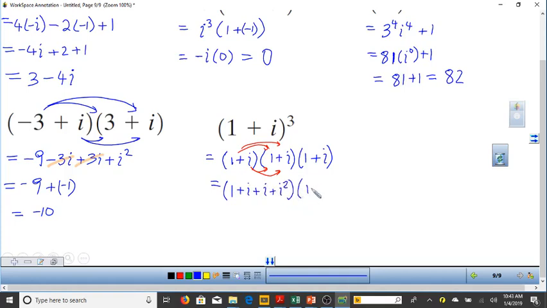And we're going to multiply that by 1 plus i afterwards. And so we end up with 1 plus 2i minus 1. And 1 minus 1 is 0, so this is just 2i, or 2i plus 0. And then we're going to distribute that 2i to the other pair of parentheses.